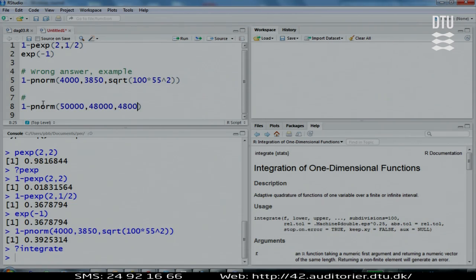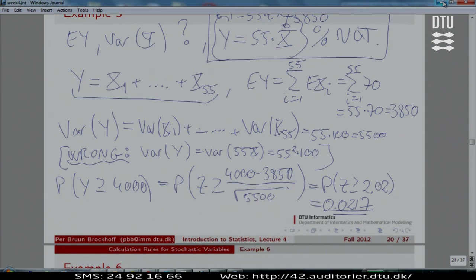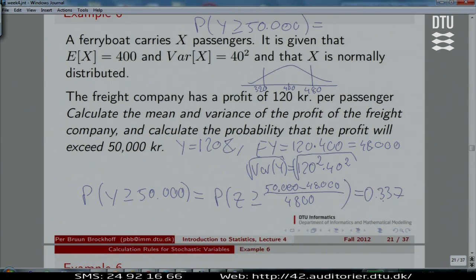So we don't have to do the standardization by hand if we use the pnorm function like this. That becomes 33.8%, 0.338. I did a wrong rounding here, I believe. So in roughly one third of trips with this ship, you get a profit of beyond 50,000. So that's how you can use things like that.